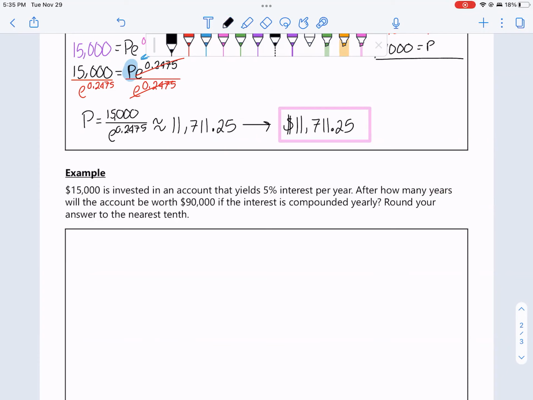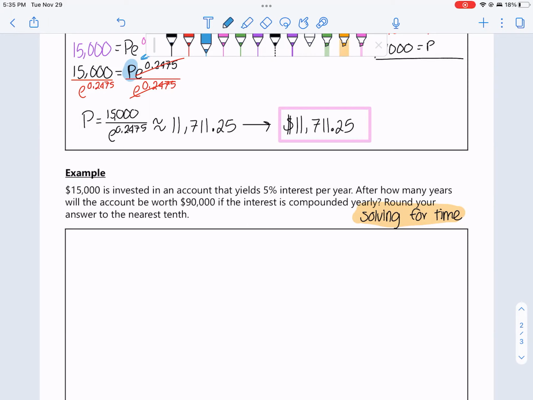That's solving for time. What you're going to find is that solving for time and solving for interest rate are more difficult. They're more time consuming than solving for principal or accumulated amount. But let's start.